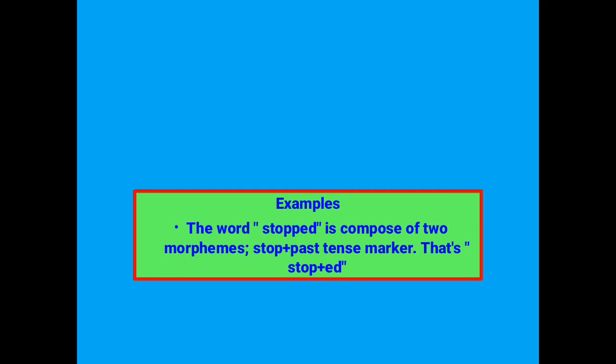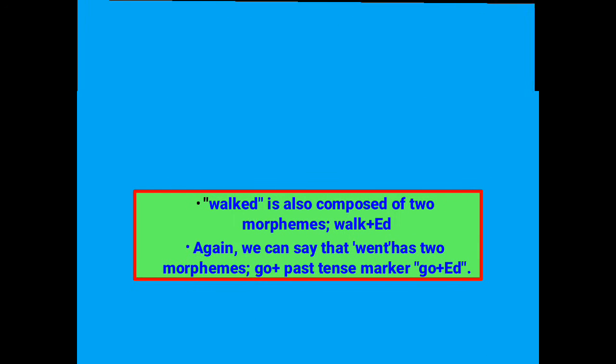Example number 2, we have walked. Walked is also composed of two morphemes, walk plus ed. Walk is one morpheme, and the ed is also another morpheme.